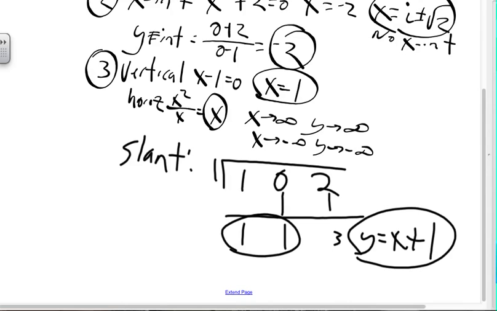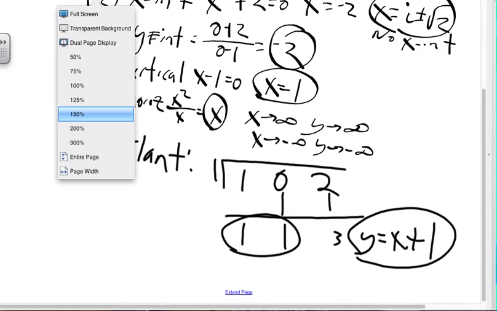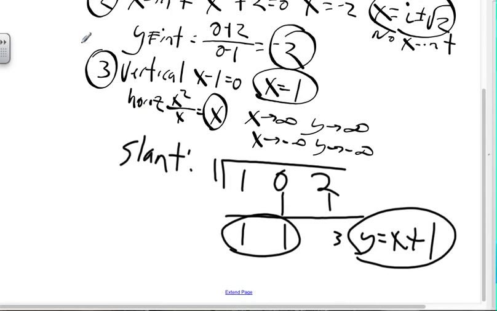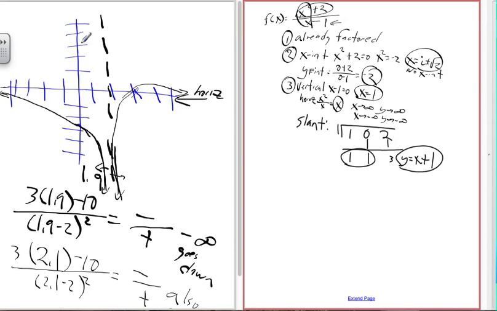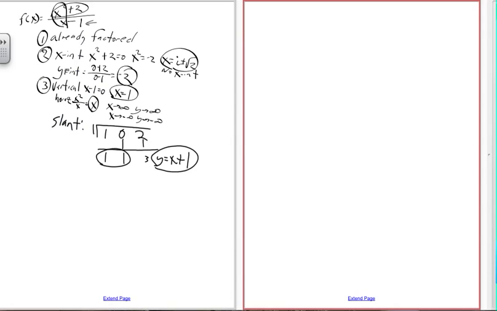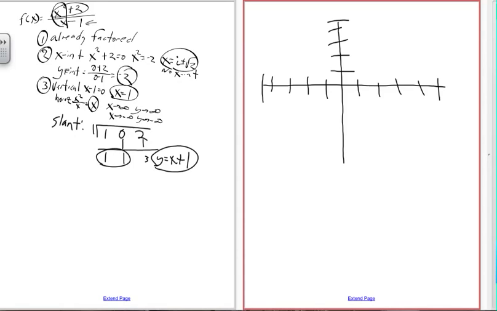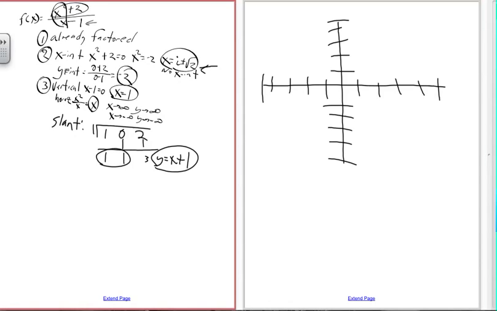Okay, so now at this point we can come in and actually, and probably should, start graphing some of this data. So let's do this. So my x-intercept, we had none. My y-intercept is at negative 2.